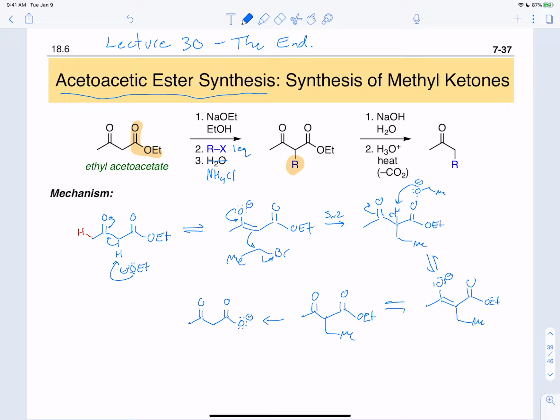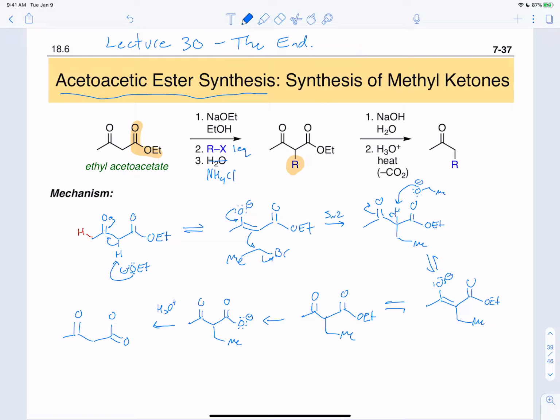Initially, we have a carboxylate. We still have this ester present. When we add acid, if we add our hydronium, this is now going to reprotonate this and actually make the carboxylic acid. So this is when things get a little bit more interesting.